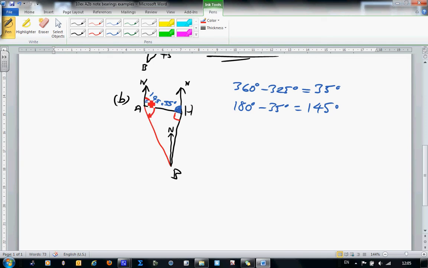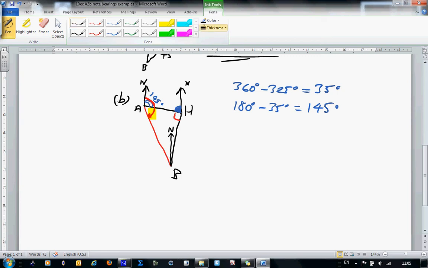Okay. We need to find this angle. That's what we're looking for, right in there. Why? Because we've got an angle of 145 degrees here, and we've got the whole bearing right through.